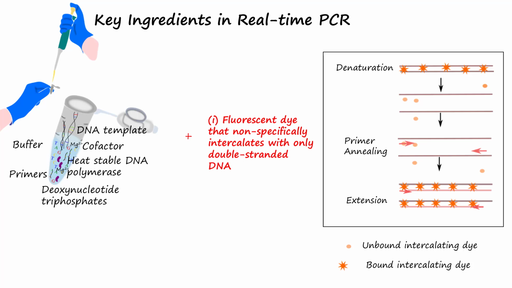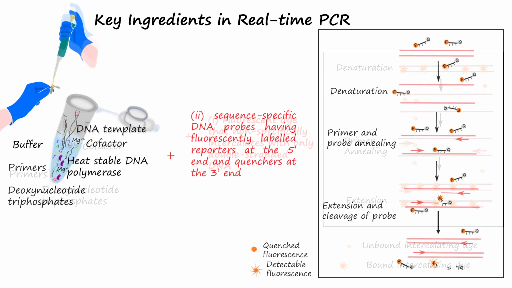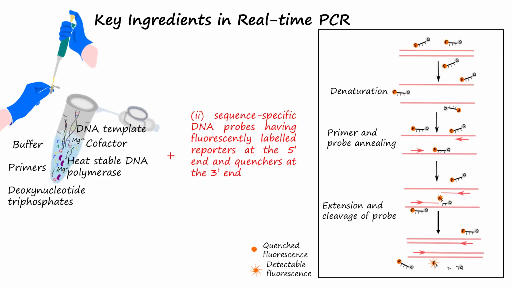A fluorescent dye that non-specifically intercalates with only double-stranded DNA, or 2. Sequence-specific DNA probes having fluorescently labeled reporters at the 5' end and quenchers at the 3' end.